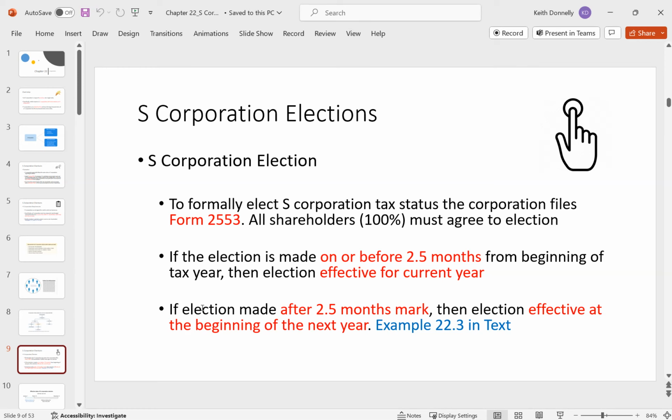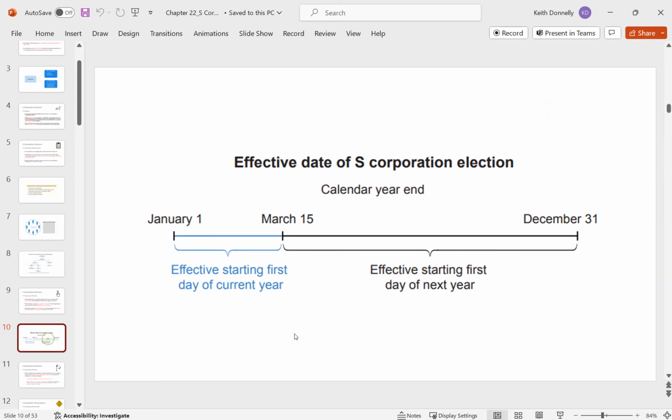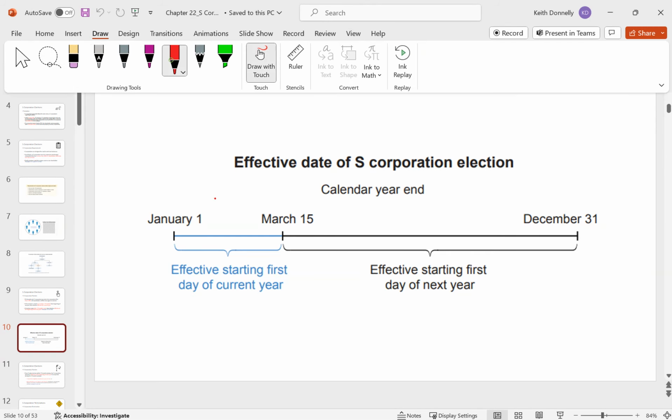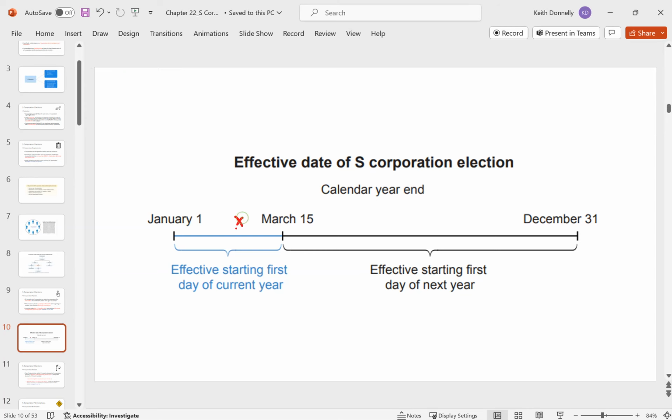In distinction, if you make the election after that 2.5 month mark, then your election is going to be effective at the beginning of next year, right? So what is this saying? Hey, if you make the election right here, we're in that window, then we're going to punt you back.